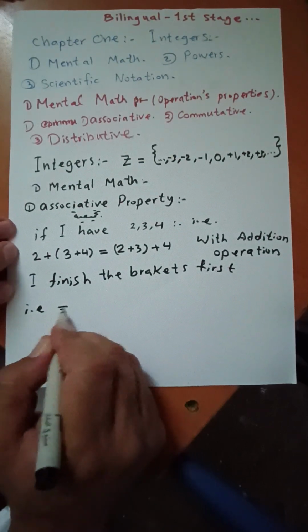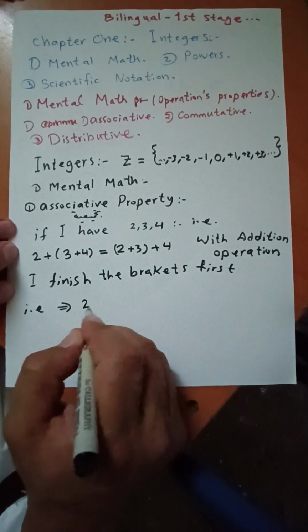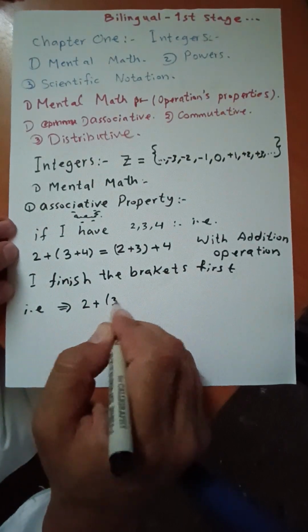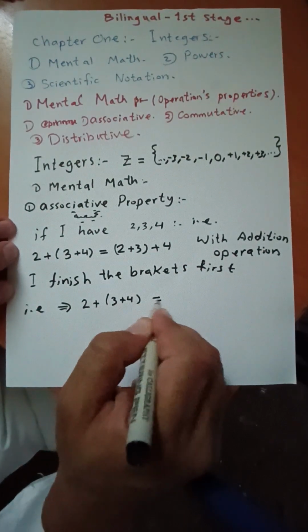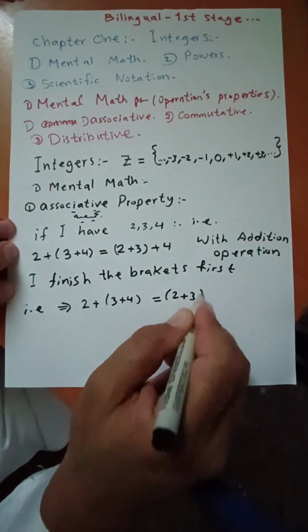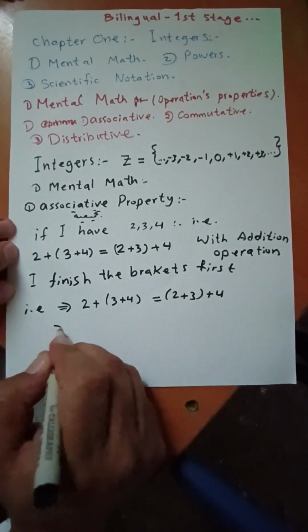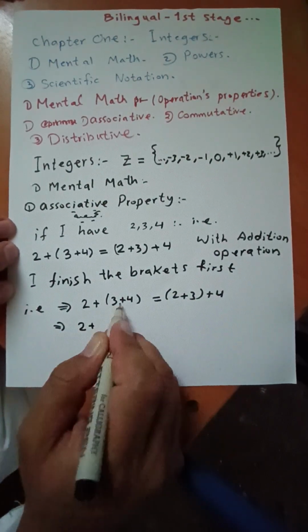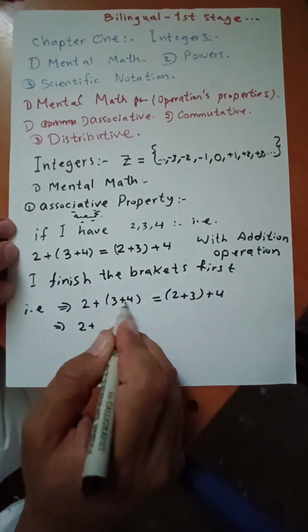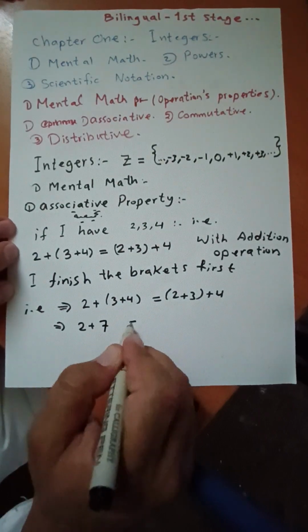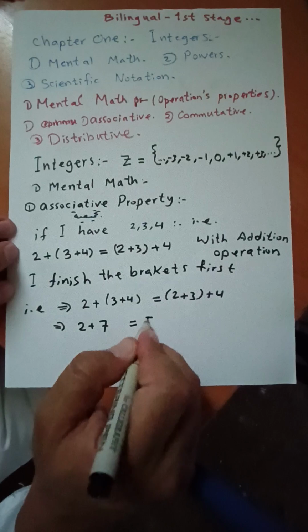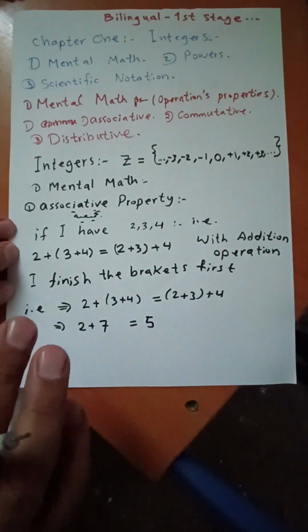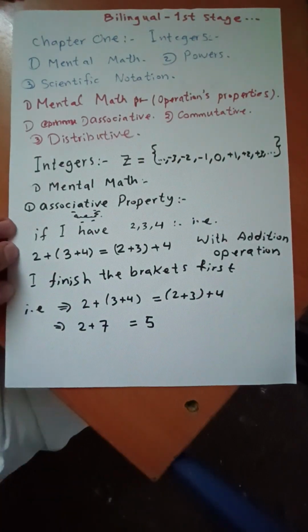I mean that 2 plus 3 plus 4 equals 2 plus 3 all plus 4. Now 2 plus 3 plus 4 is 7, equals 2 plus 3 is 5. I first finish the brackets and then move outside of the brackets.